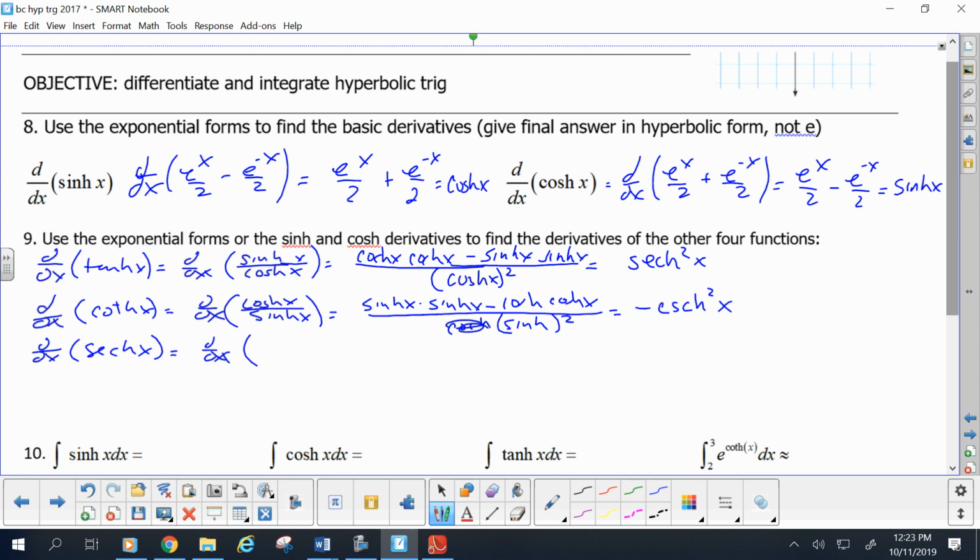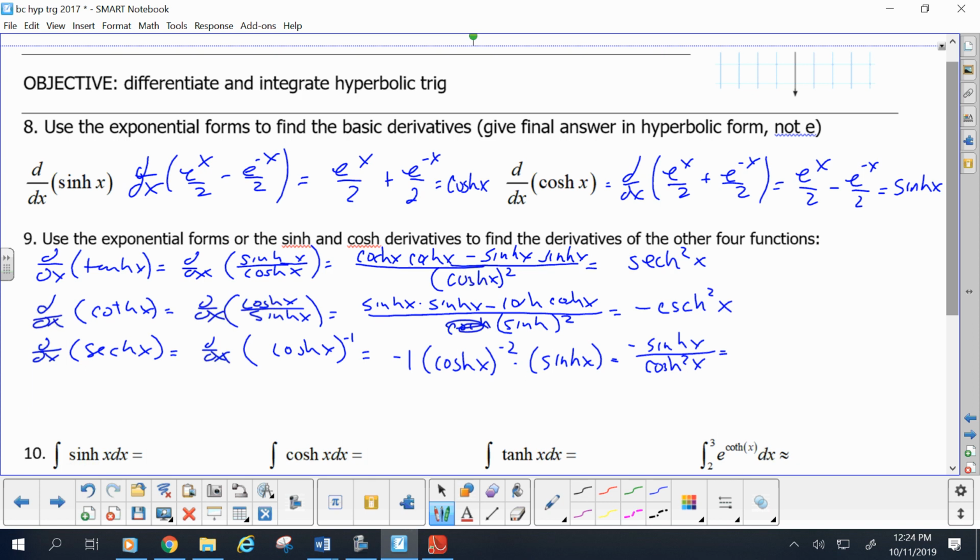Do you want to use quotient rule or chain rule? Chain rule, okay, so for negative first, that's negative first exponent, not negative first inverse, right? Negative sinh over cosh squared.